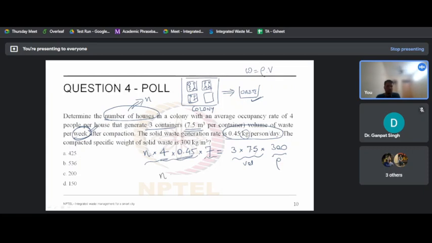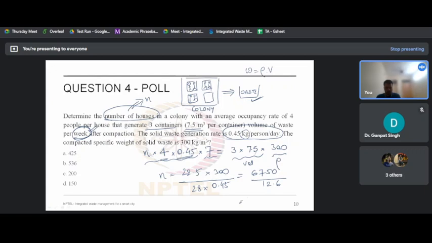So this would give us n equals 22.5 into 300 divided by 28 into 0.45. This would turn out to 300 into 22.5, that is 6750, divided by 28 into 0.45, which is 12.6.